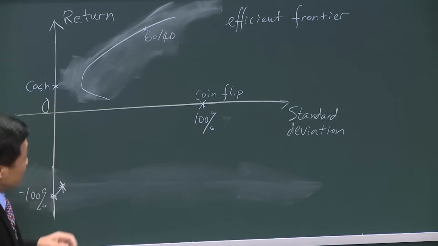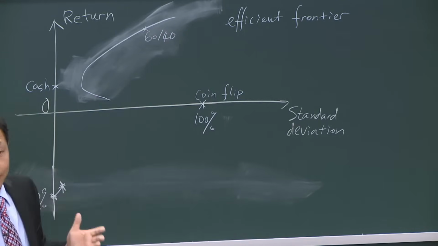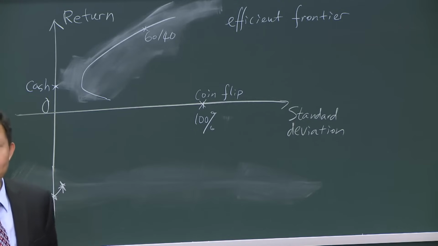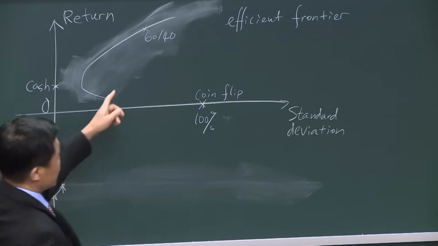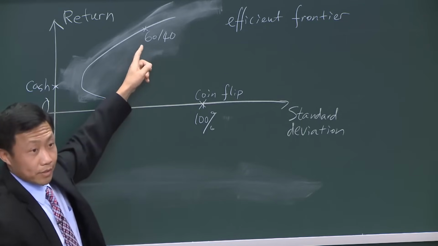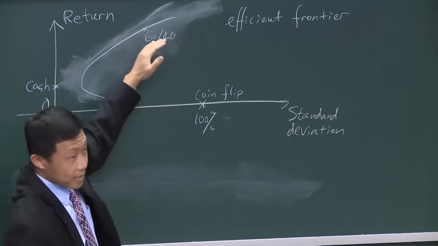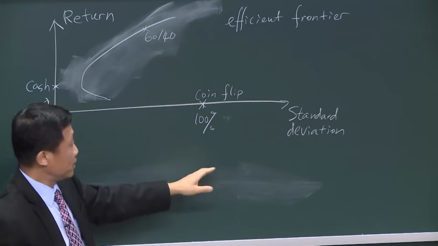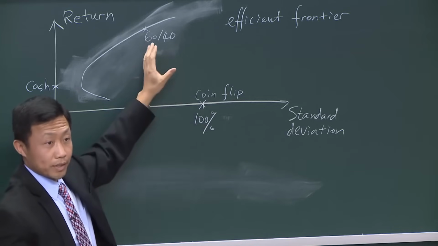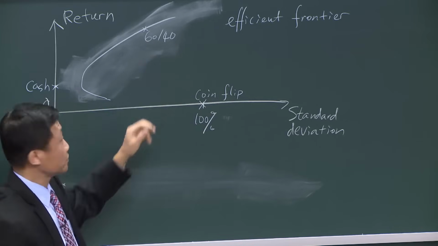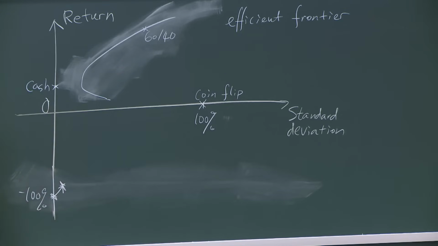Typically your stock volatility is higher than bonds, and the expected return is also higher. So your 60-40 combination likely falls on the higher return, higher standard deviation part of the efficient frontier. That's what people typically did before 2000.